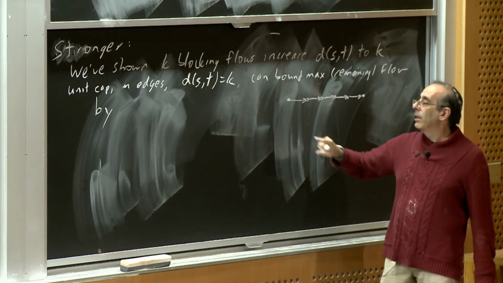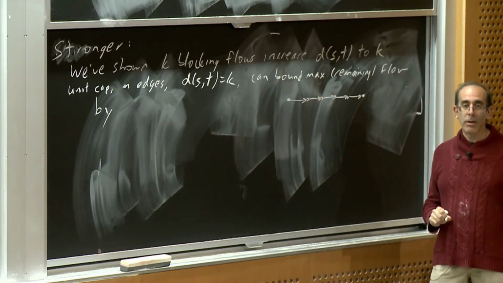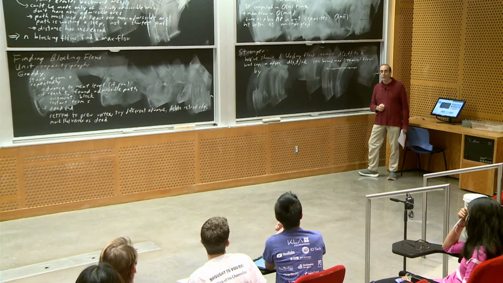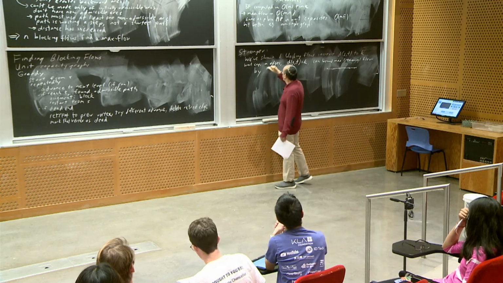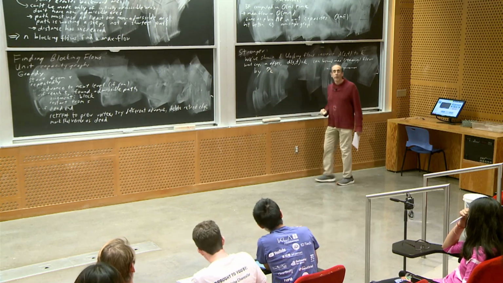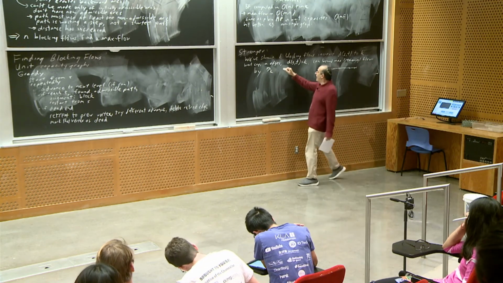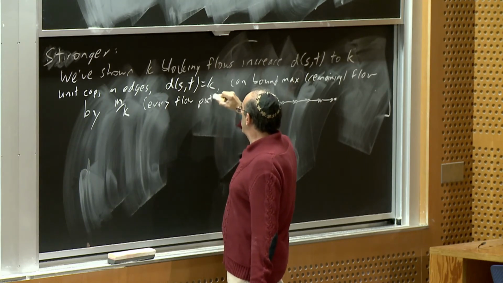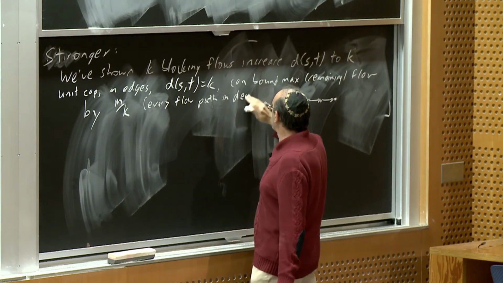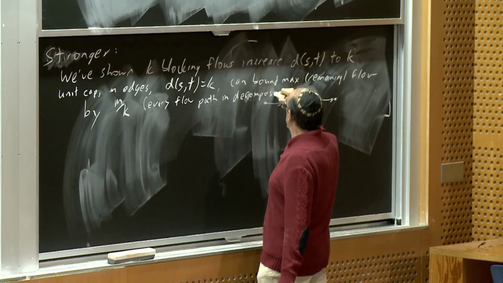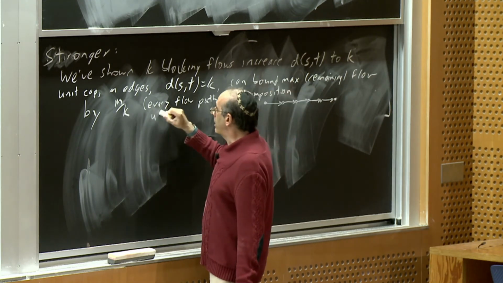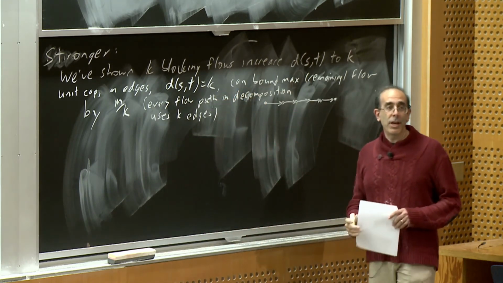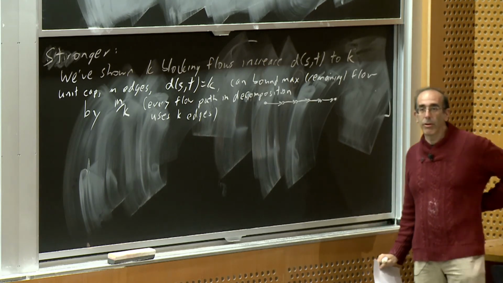Now, what can we say then if the distance from s to t is k and there are m edges? What can we say about the maximum flow in this graph? Yeah? Bounded by m over k. Exactly. Because every flow path in the decomposition uses k edges, and each edge is only in one of the flow paths because this is a unit capacity graph.